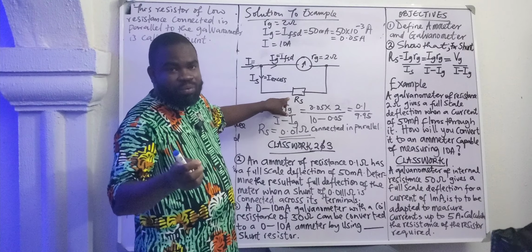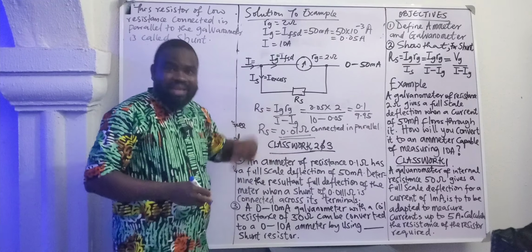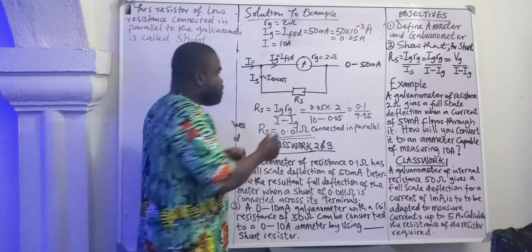Now, by connecting a resistor of 0.01 ohm in parallel to this galvanometer, we can now adapt it to measure a current of 0 to what? 10 amp. So we have increased the range, the current range.